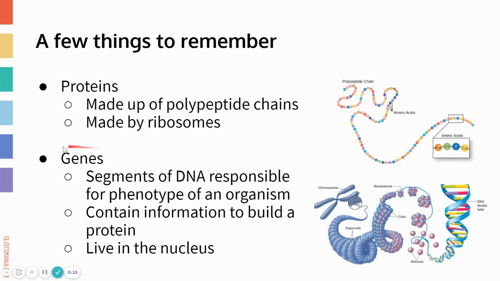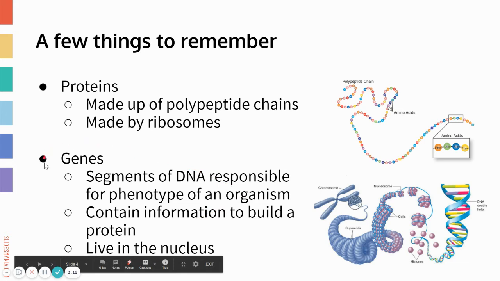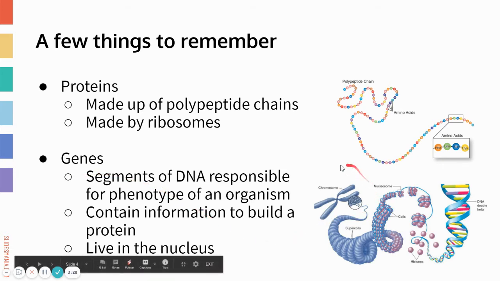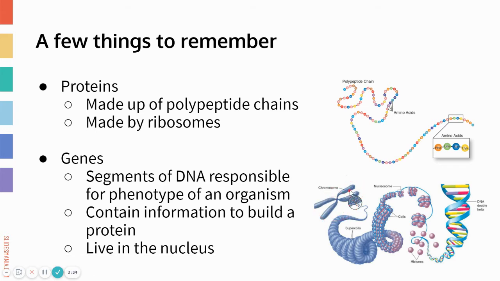And then for the genetic side of things, and this is something we covered a little bit more recently, genes are specific chunks or segments of DNA that are responsible for the phenotype or the traits of an organism. And when we're looking inside of a nucleus, we're going to see that there's DNA in the form of different chromosomes. So we know humans have 46 chromosomes.